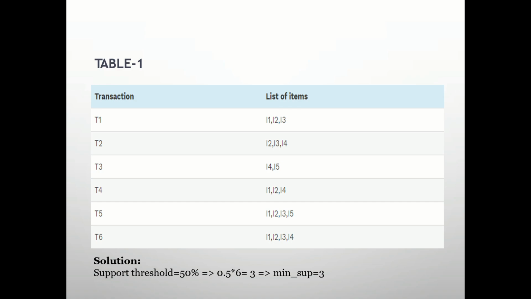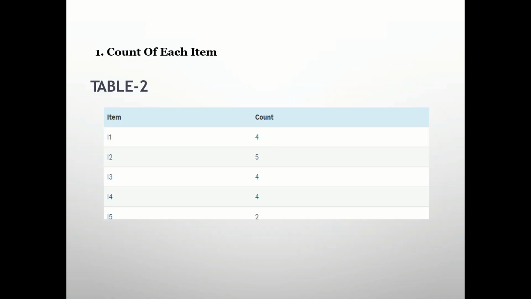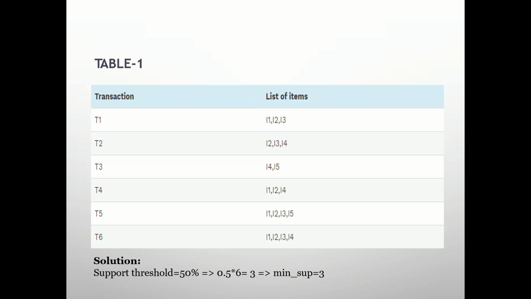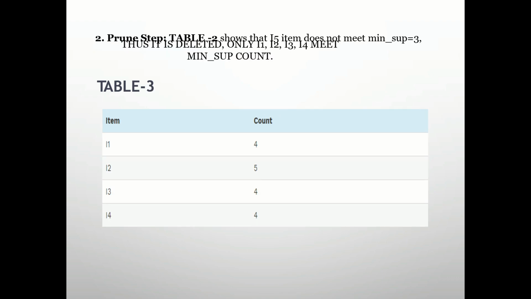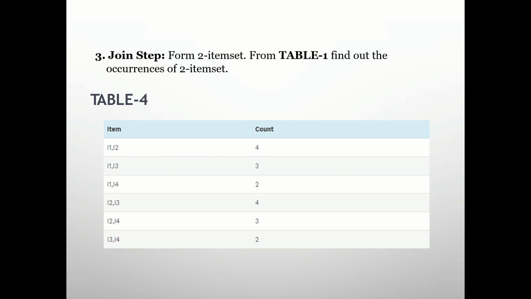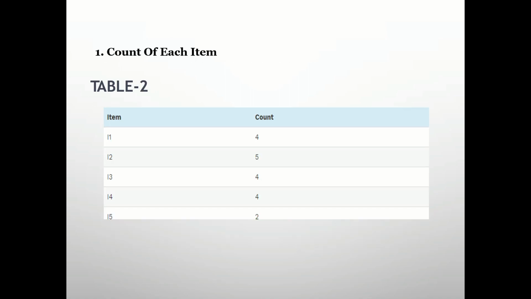The transaction ID T2 is another customer ID number, and this kind of items will be purchased. Then table 2 shows the minimum count, derived from table 1. L1 has a certain count, L2 has a count, L3 and L4 likewise. This is table 2, the count of each item set.